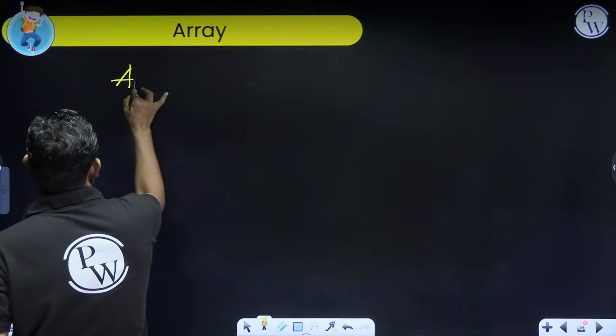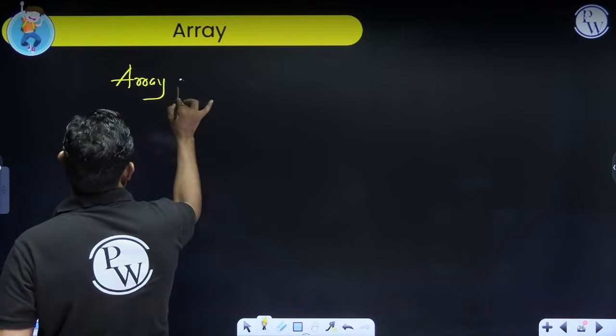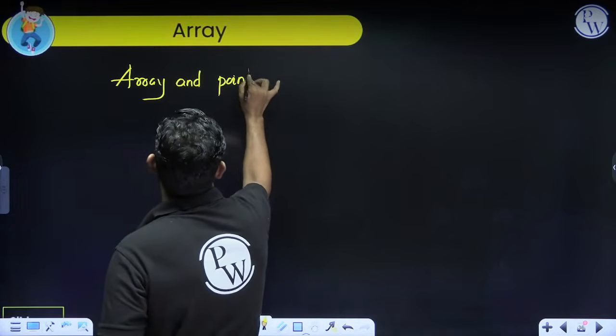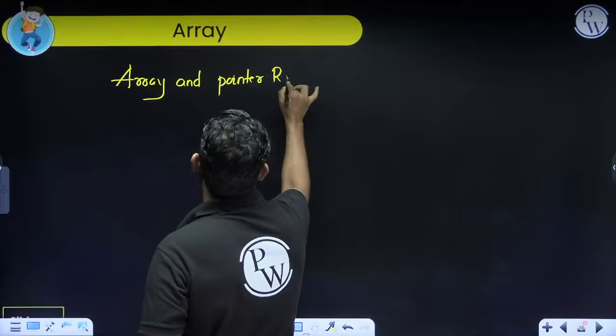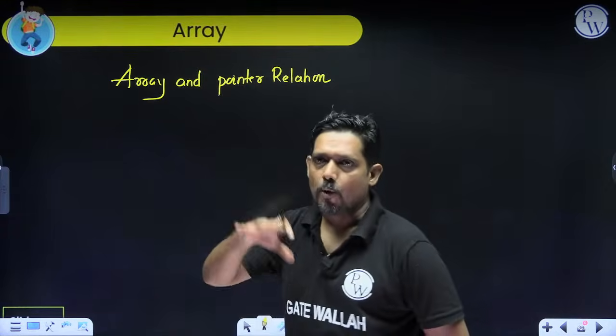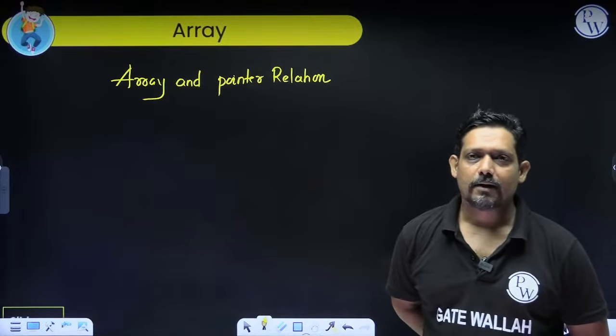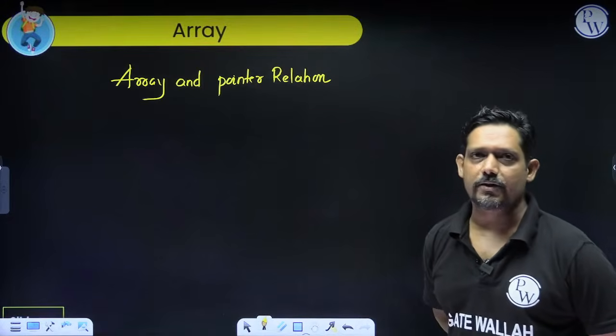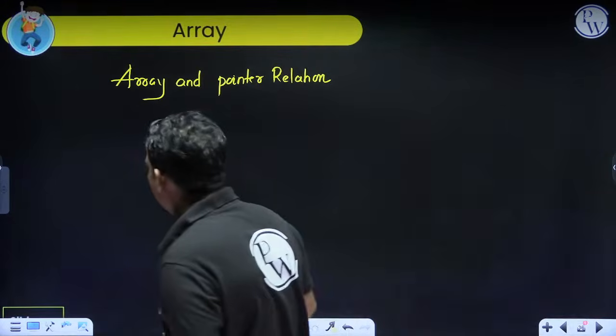Now, array and pointer relation. The very first thing when we start array and pointer is the name of the array.